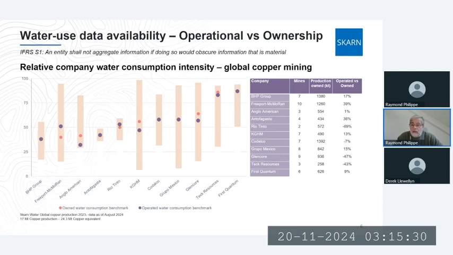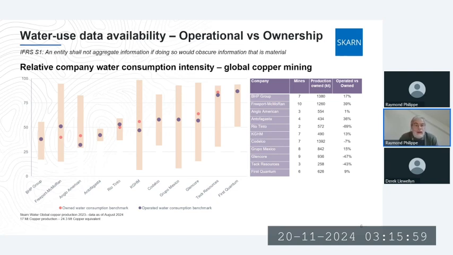Others, for example, Glencore, Teck Resources, have similar situations where they have minority stakes in several mining operations, and they are not directly reporting on that. Another interesting case is the case of Antofagasta and Freeport, where they both have more representation in the operation than in the ownership of the mines that they operate.